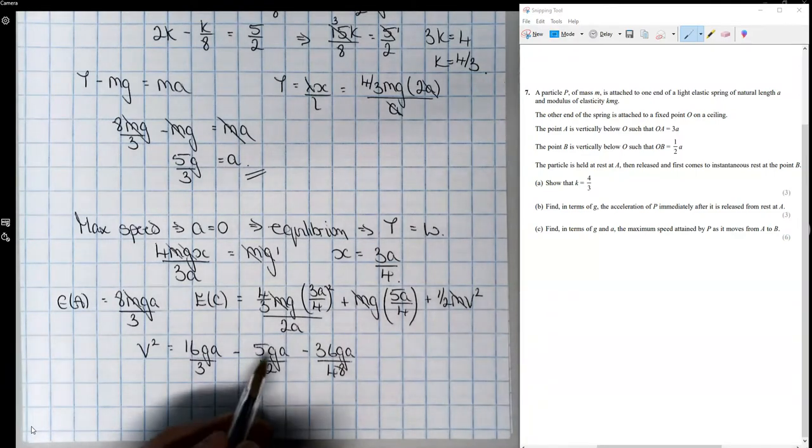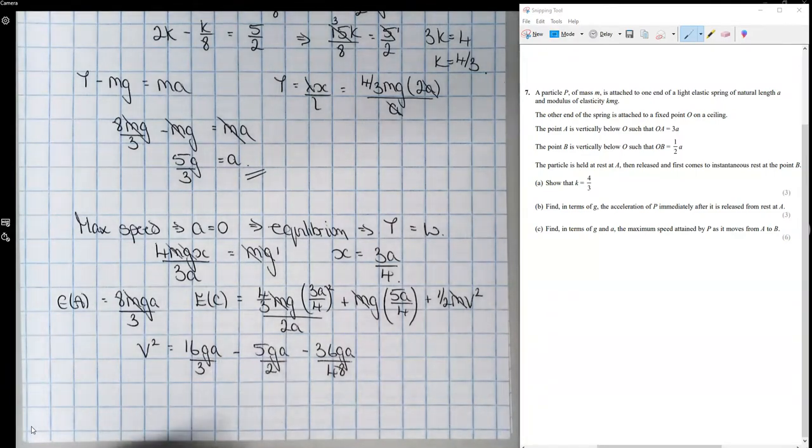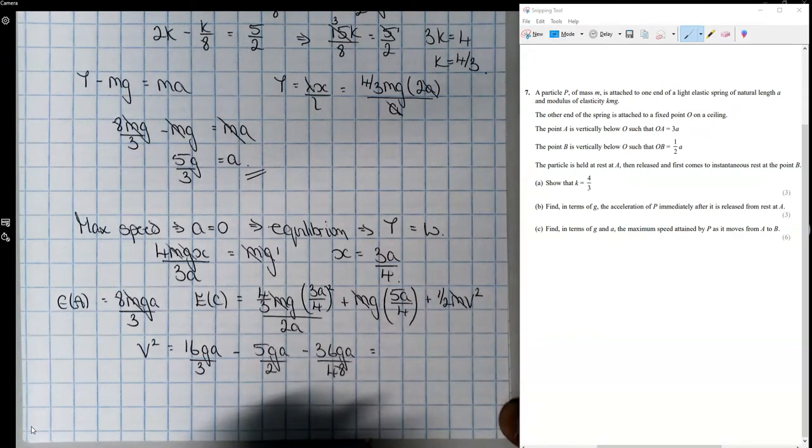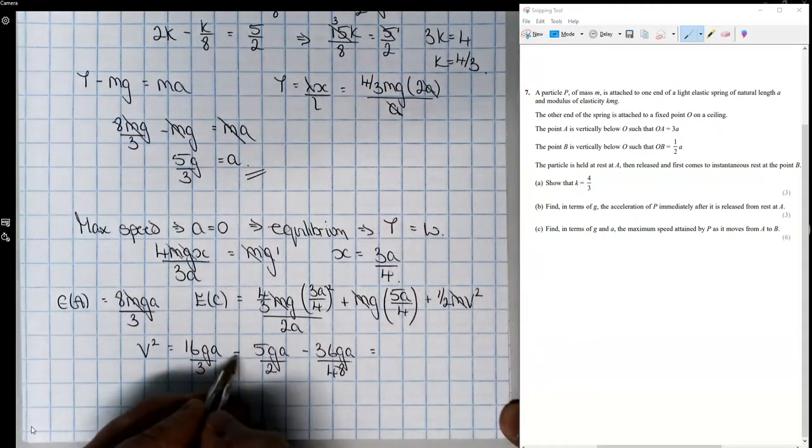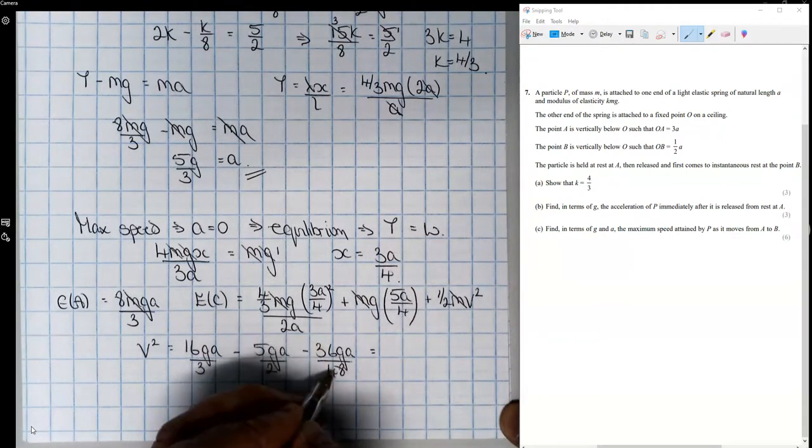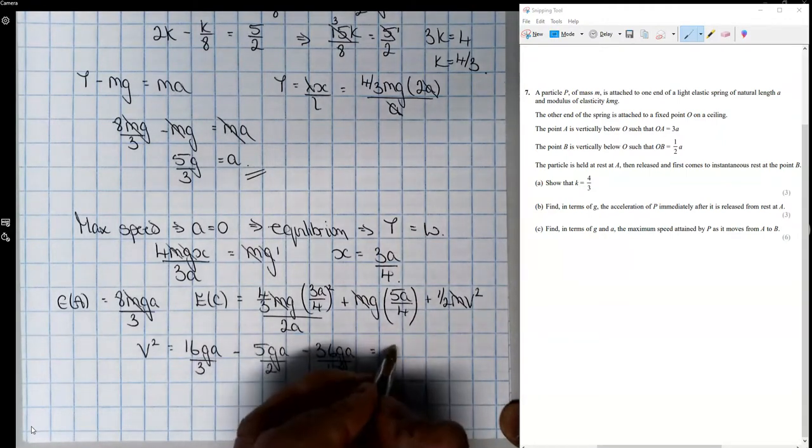These are all ga's, so you could take that out and you just got a fraction to worry about. So you end up with 16 thirds, take away 5 halves, take away 36/48 lots of ga.